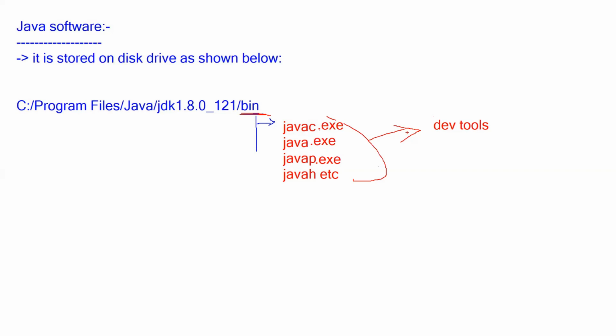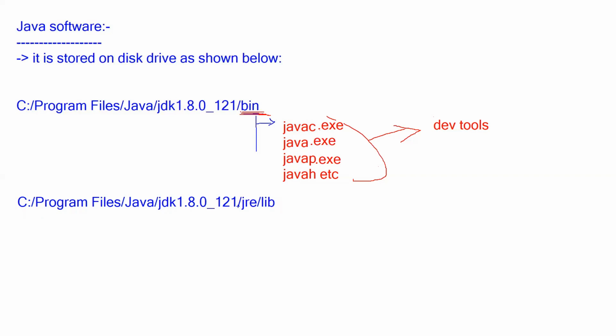All right. So these dev tools can be located in the bin folder under this JDK. Next, we can also see one more thing here. In the same C drive, under Program Files, under Java, under JDK 1.8.0_121, there is something called JRE, and in that there is a lib folder.